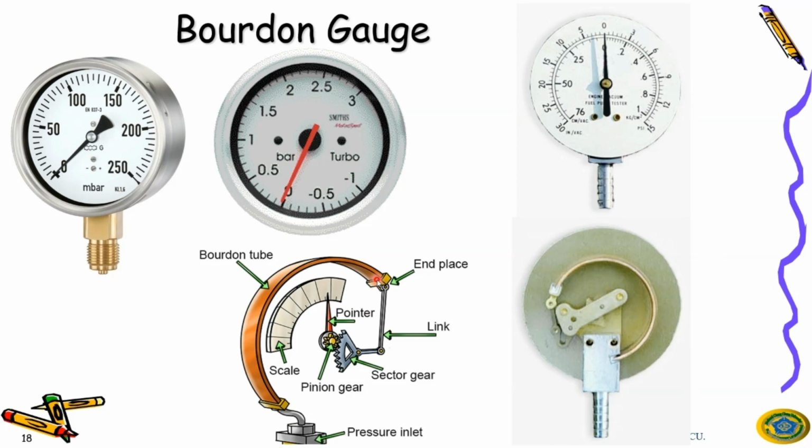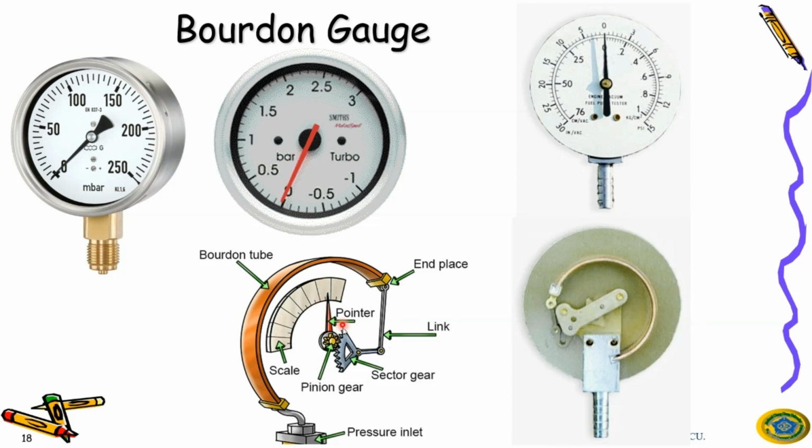It can be air, nitrogen, oxygen, or water. The sealed end has a wire link to the gears. This is called the sector gear, this is the pinion gear, and this is the pointer indicator.